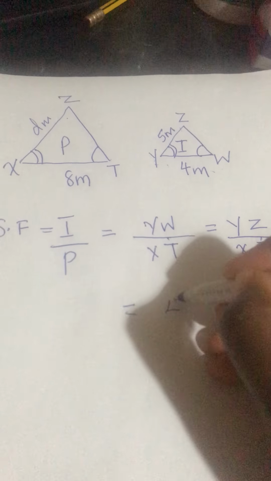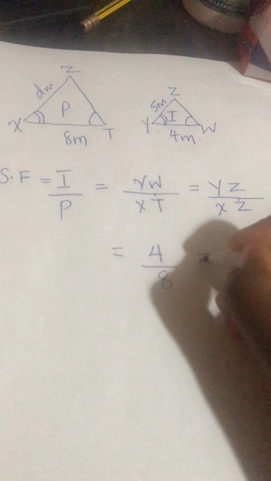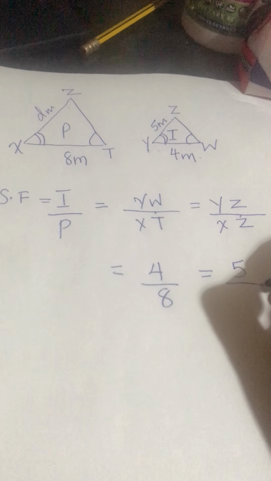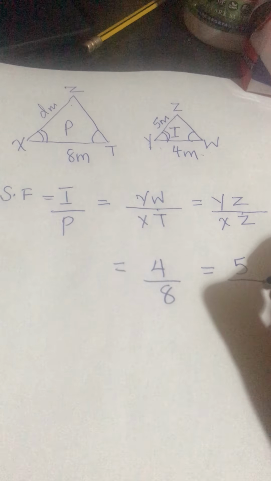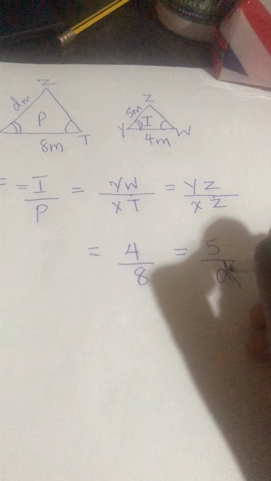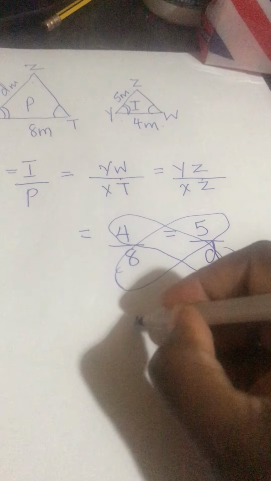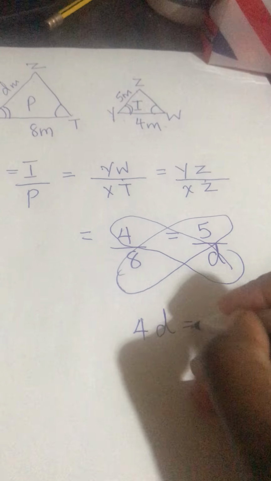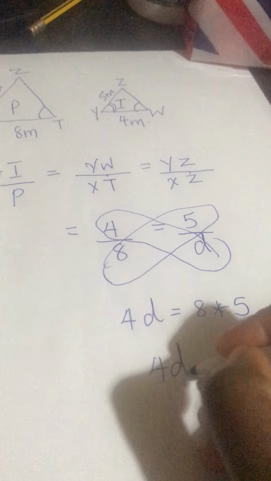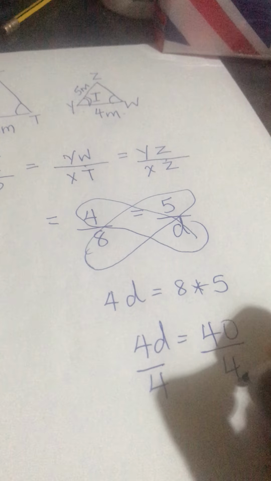Okay, now I put my numbers. WY is 4, XT is 8, YZ is 5, XZ is D. Now we need to find D. We're going to use the butterfly method. 4D equals 8 times 5. 4D equals 40. Divide 4 on both sides.